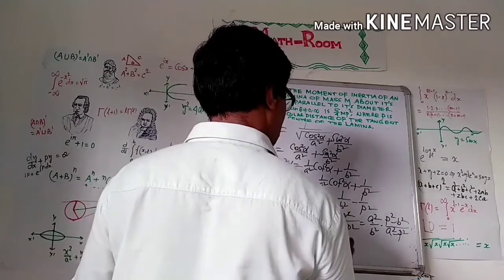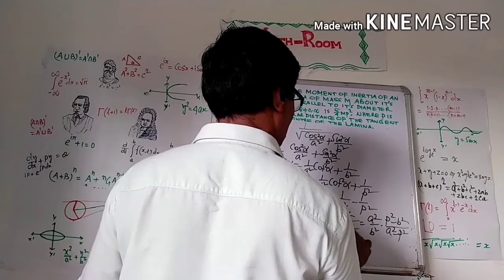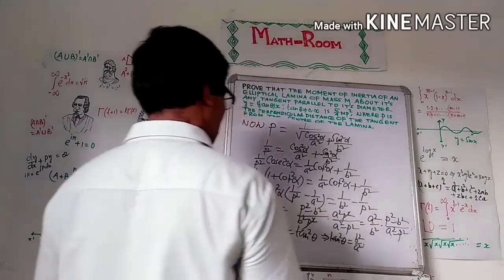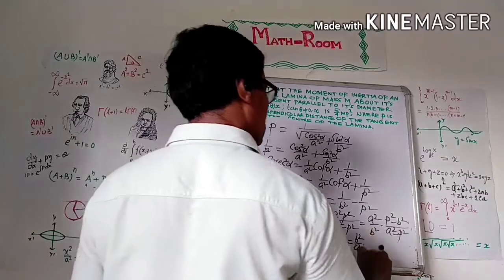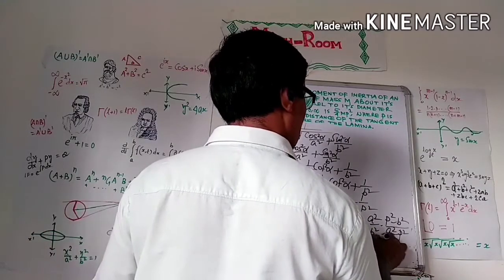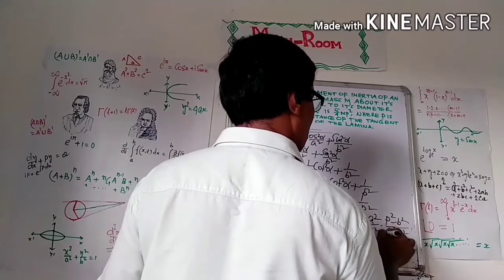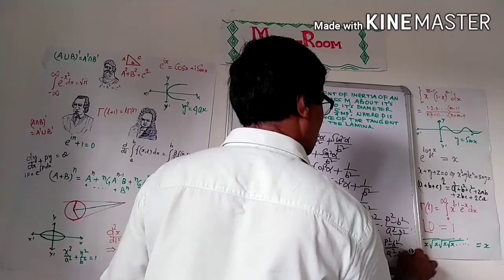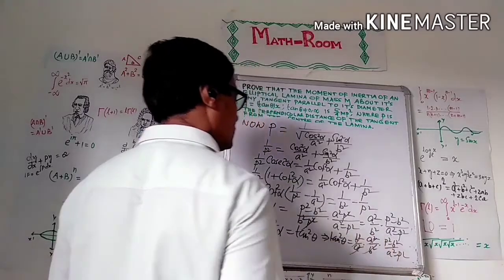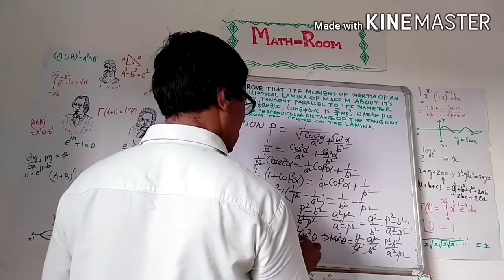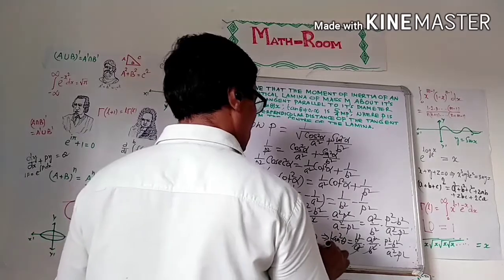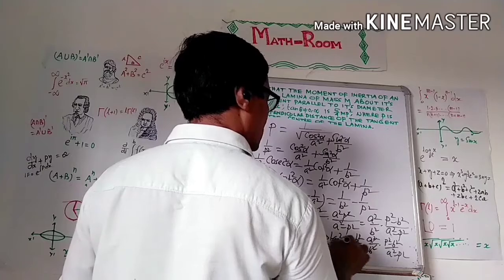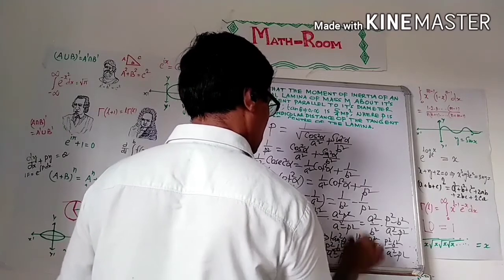So tan square theta equals b square over a square into the value of cot square alpha, which we can put in. The terms cancel out, so the value of tan square theta is p square minus b square over a square minus p square.